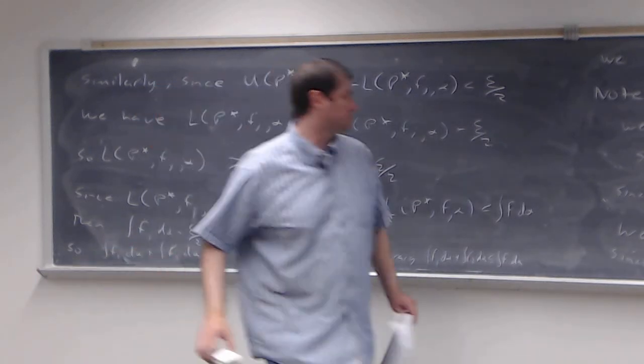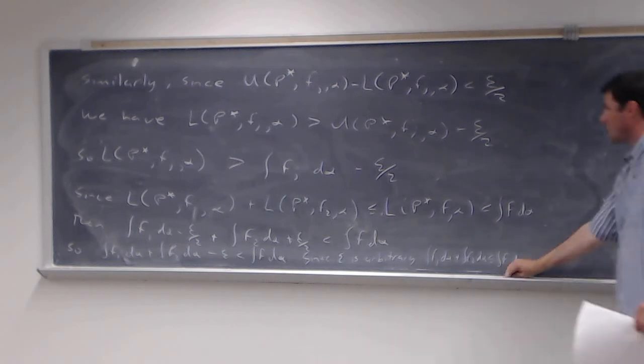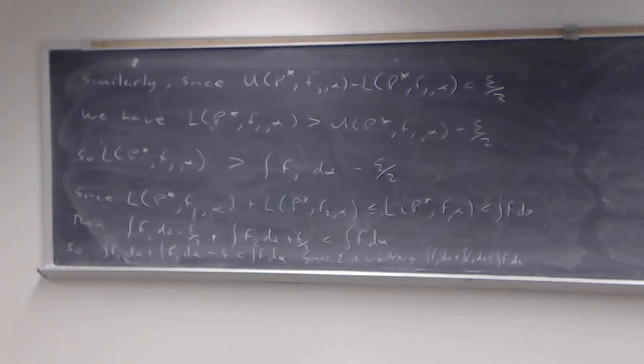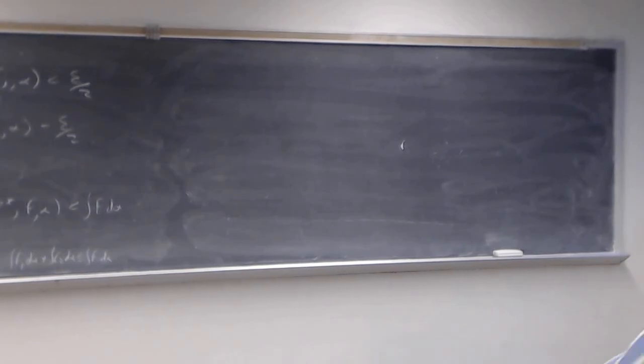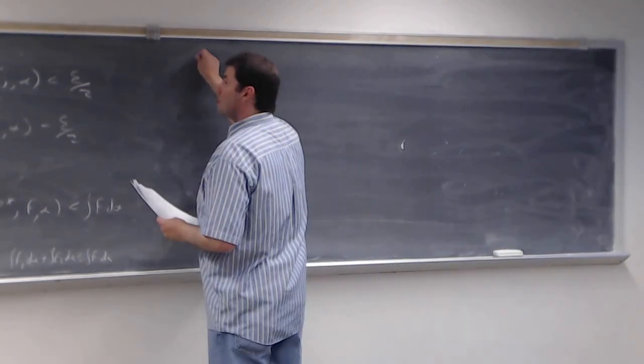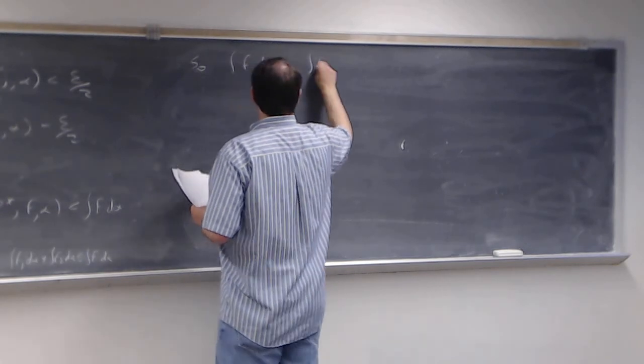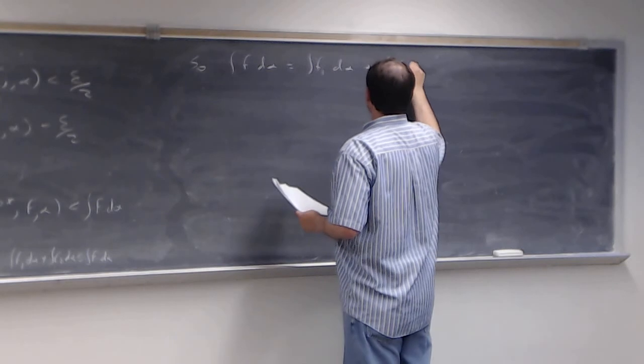And so what we have is that the integral of f d alpha must be equal to the integral of f sub 1 d alpha plus the integral of f sub 2 d alpha.